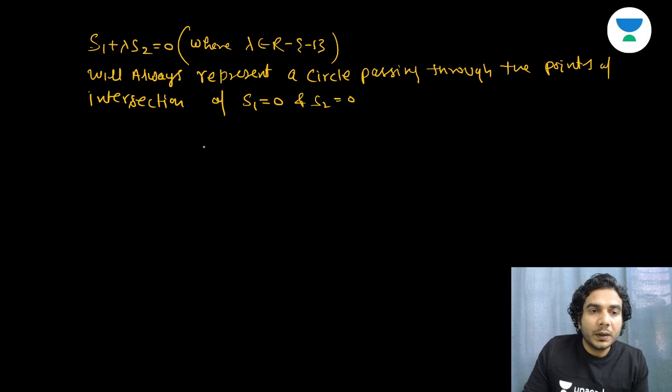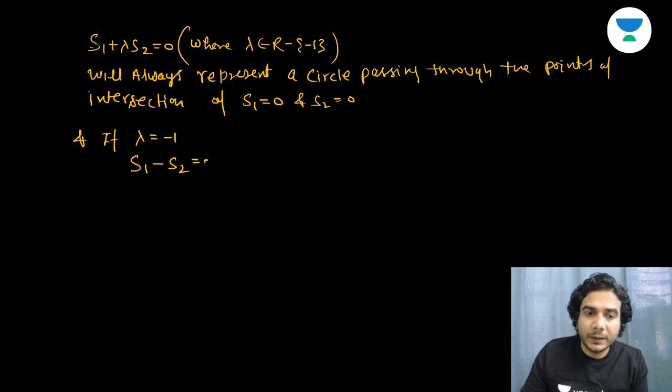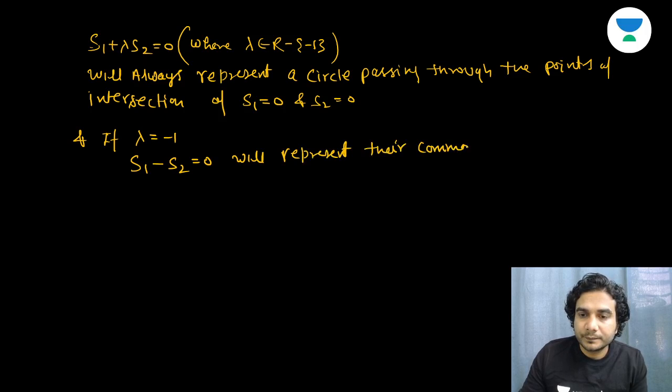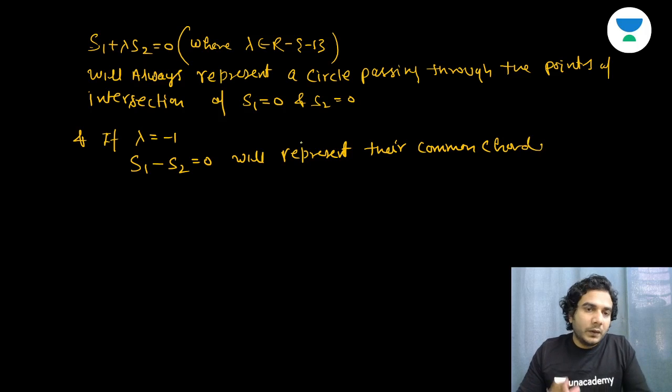Now see, if lambda is equal to minus 1, then s1 minus s2 will represent their common chord, all right? So now we have got the meaning of family of circles.